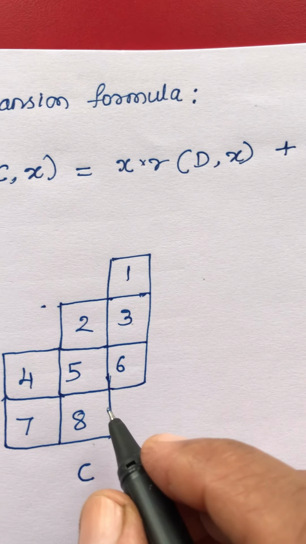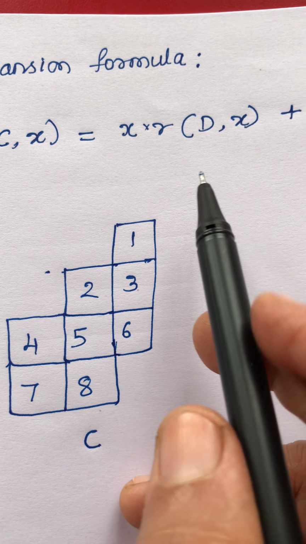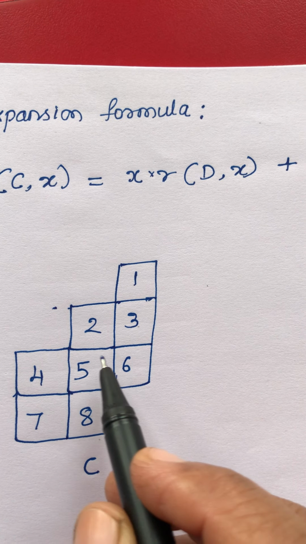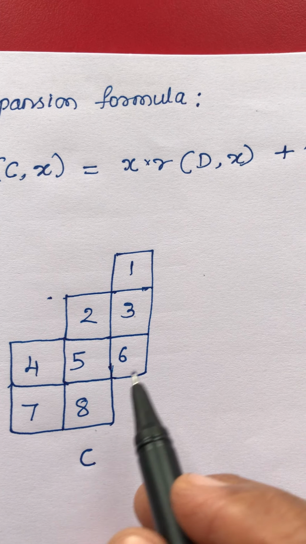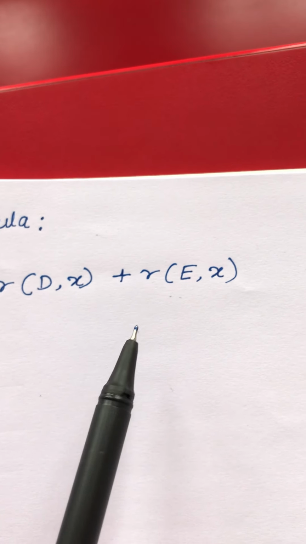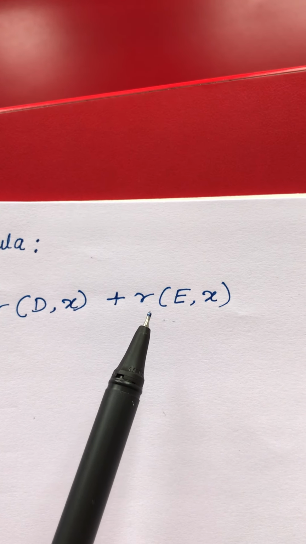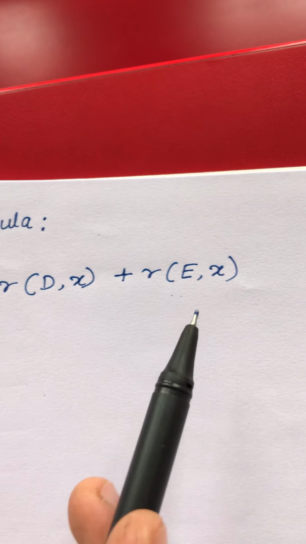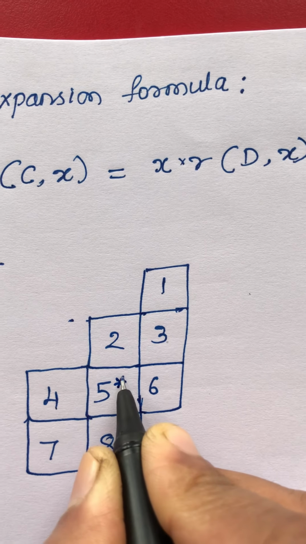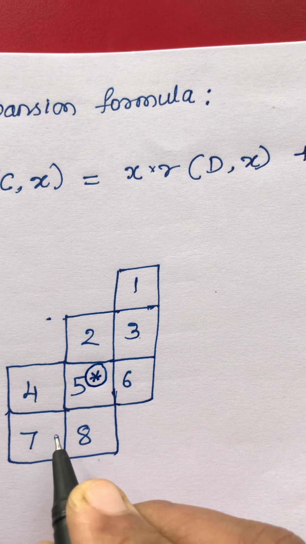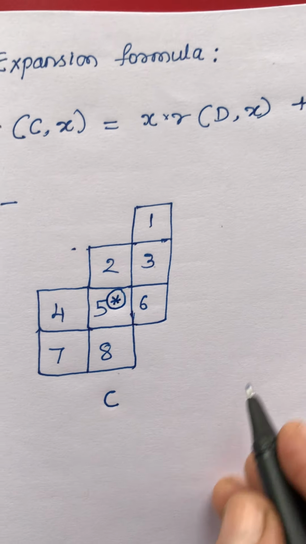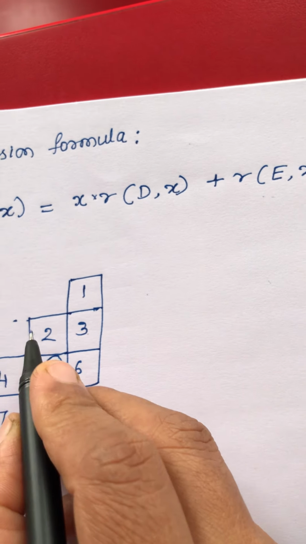But while choosing, let us choose a square such that when we delete the row and the column containing the star, many squares will be deleted because it will make it simpler. There will not be much difference in E because we are going to delete only one square. Now I will choose this square as star so that if I delete the row and column, many things will be gone.